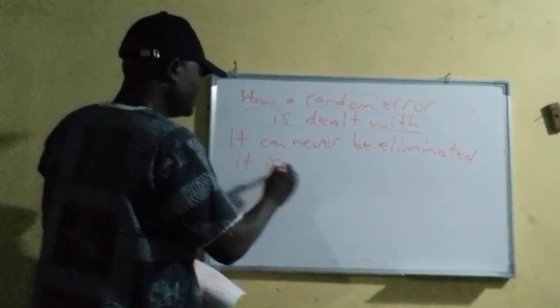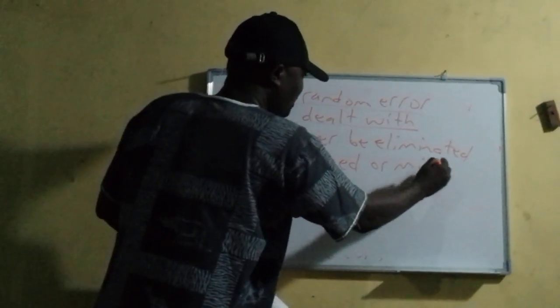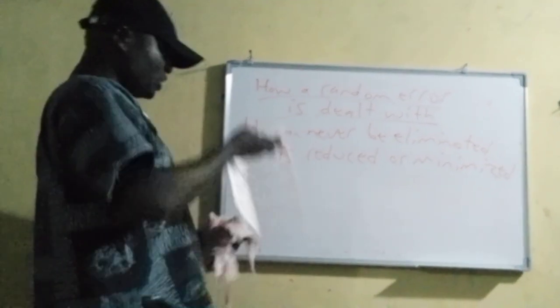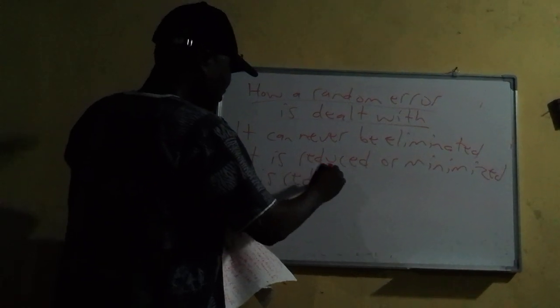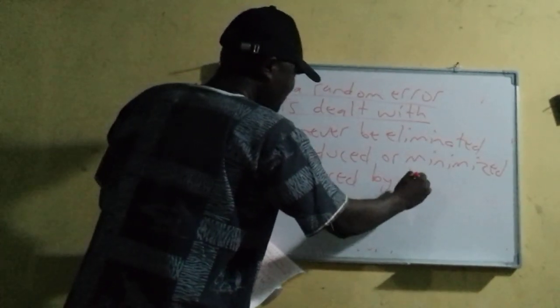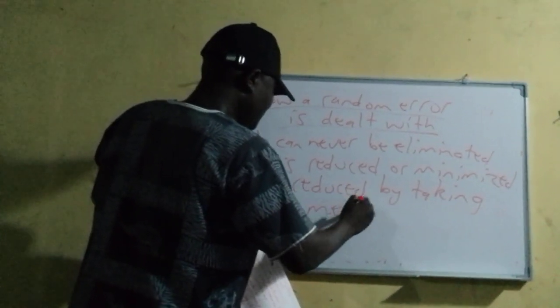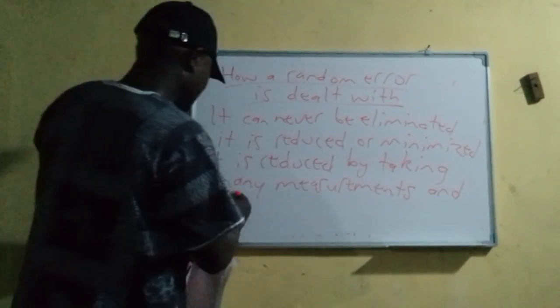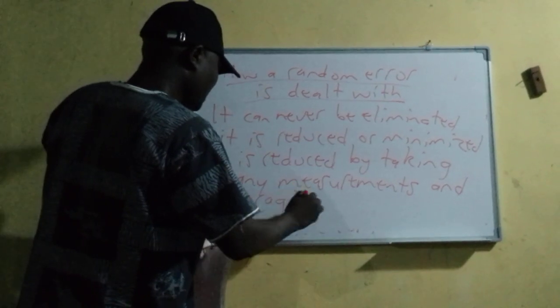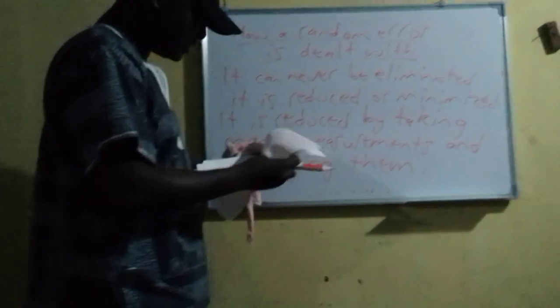It is reduced, or minimized. So you cannot eliminate the random error. It is reduced by taking many measurements and averaging them. That is how a random error is minimized.